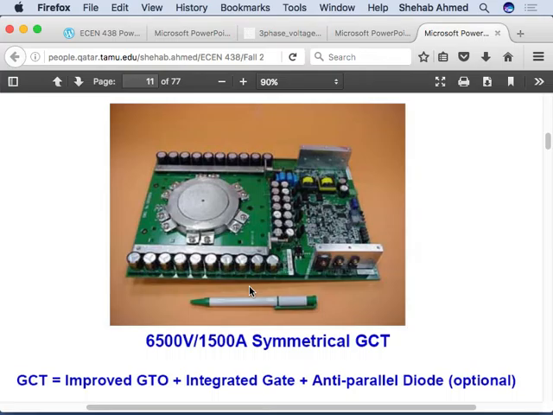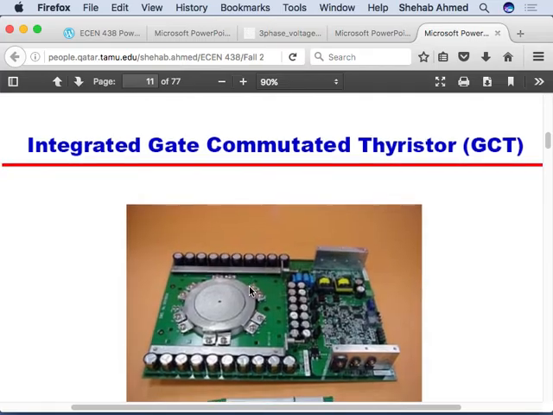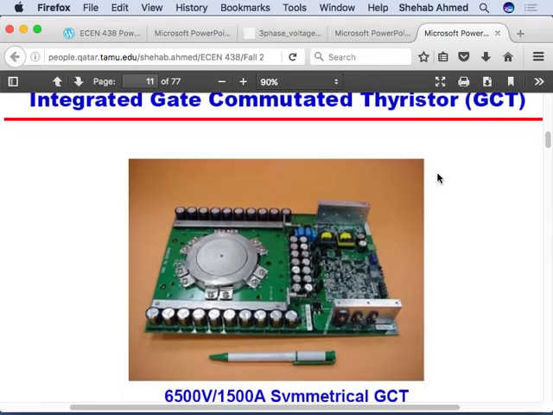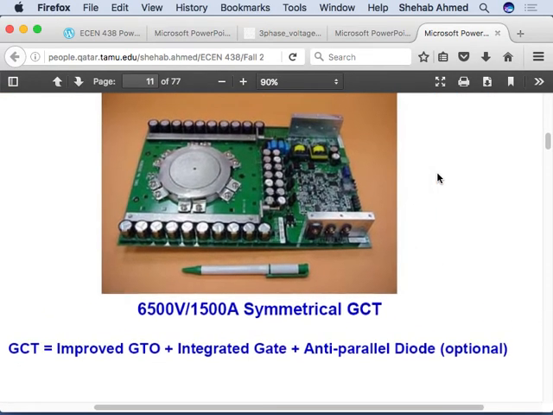BJT devices, you need a base current all the time to keep the device on. Right? So the GTO is like a BJT type. Turn on and turn off. The IGCT, the integrated gate commutated thyristor, was like a combination. It's like a MOSFET gate, but thyristor power device. So very nice device, very expensive, very useful for high power.